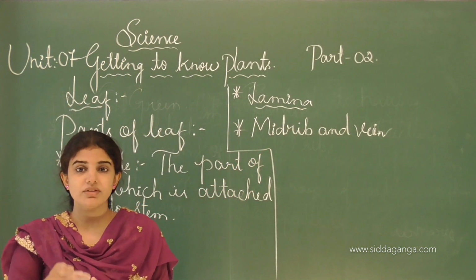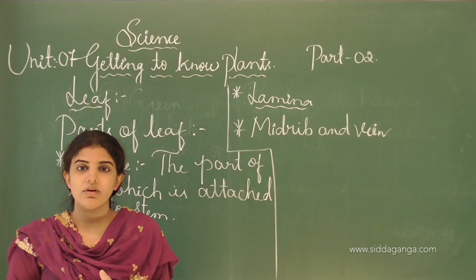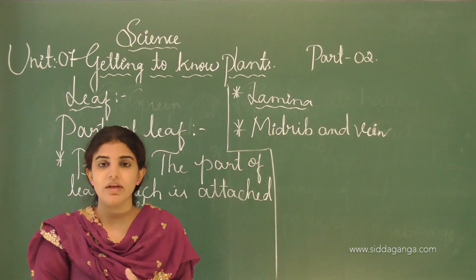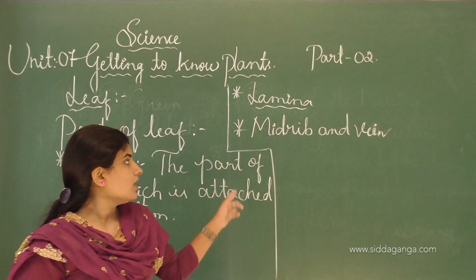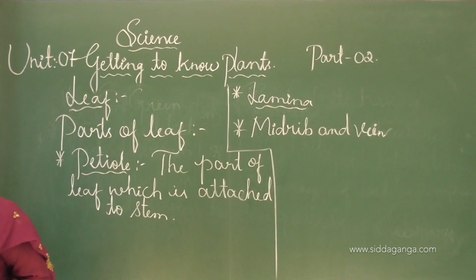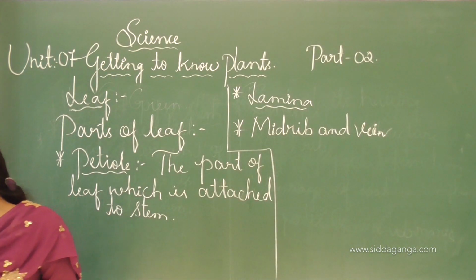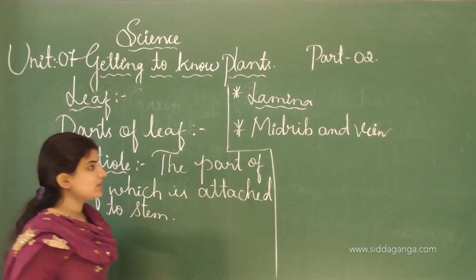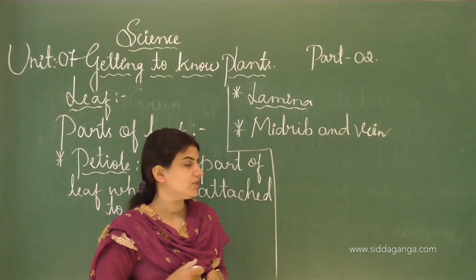A long thin structure moves along its length, and that one we call a midrib. As I told you, the thick vein in the middle of a leaf is called the midrib. The arrangement of veins in the leaf is called venation.